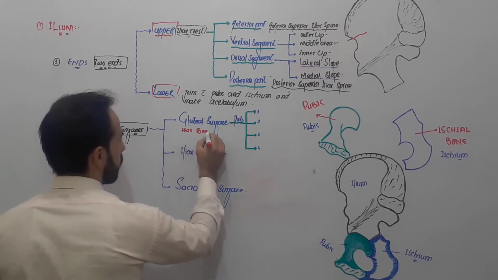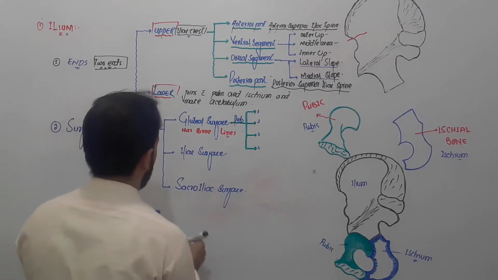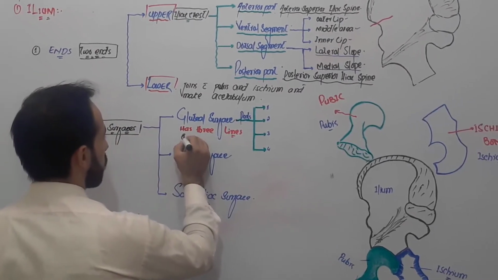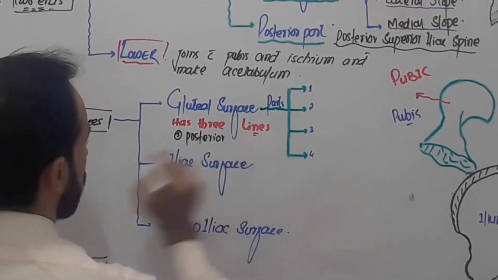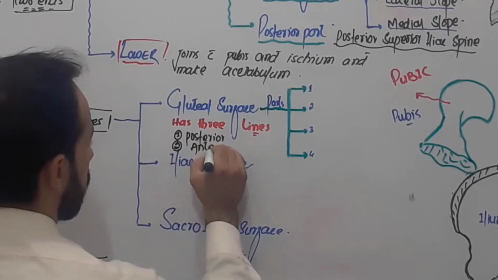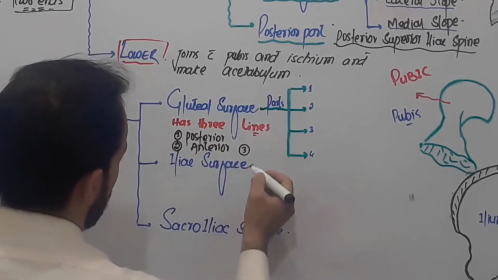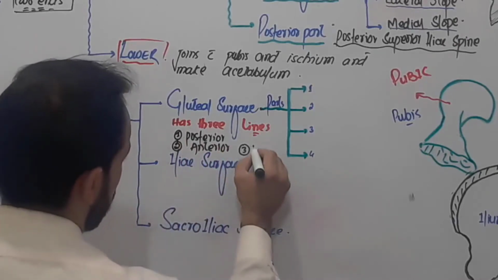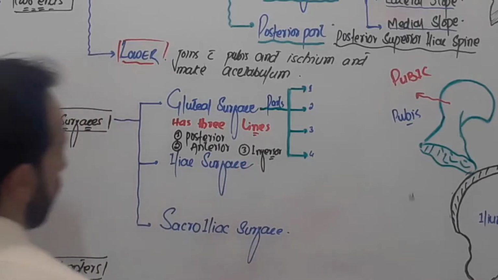These three lines are the posterior line, which I will show on the bone, then the anterior line, and then the inferior line, right?